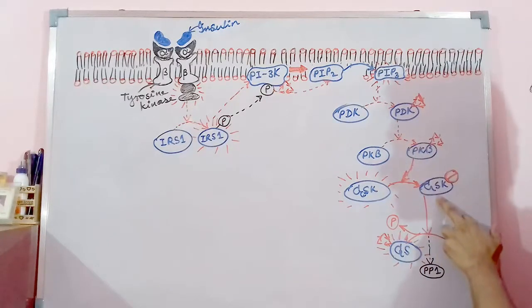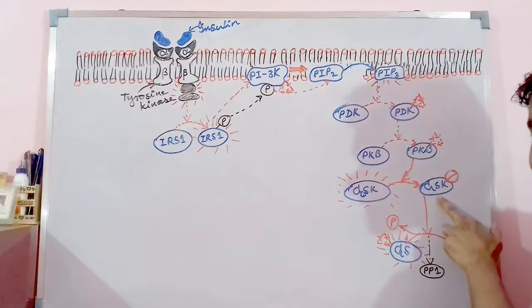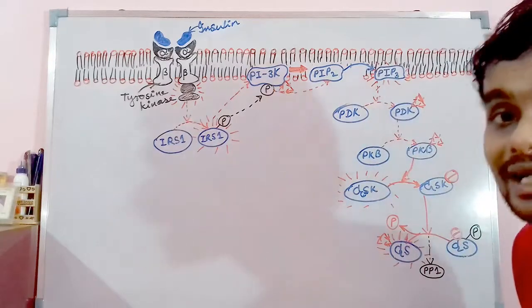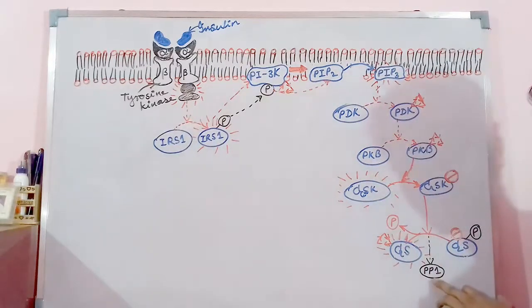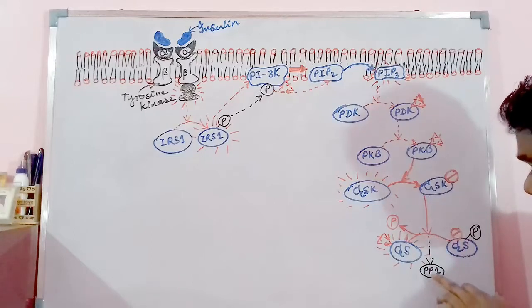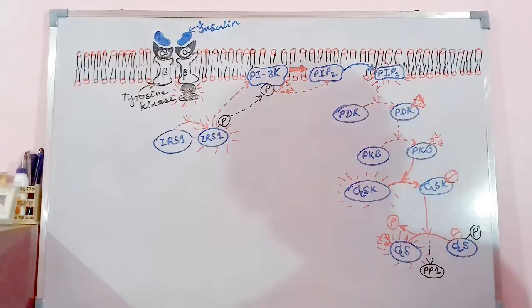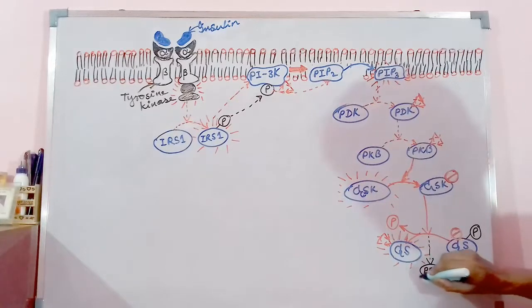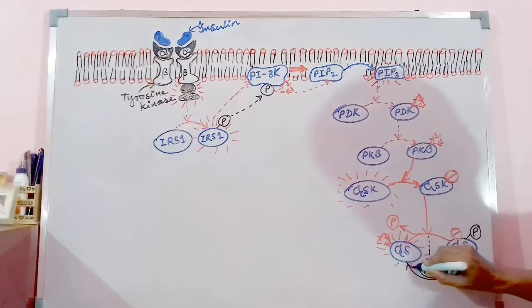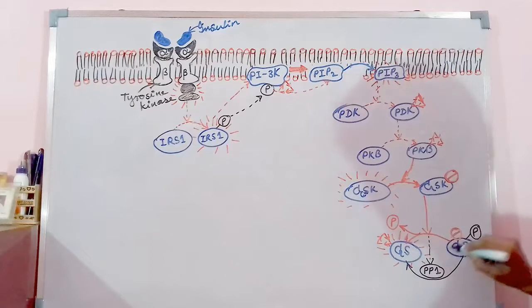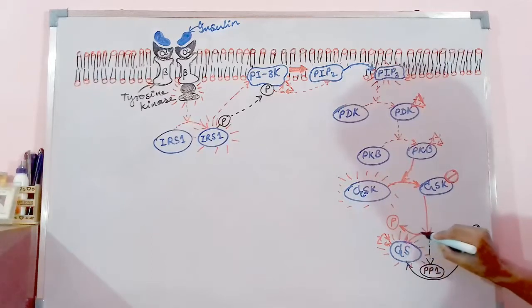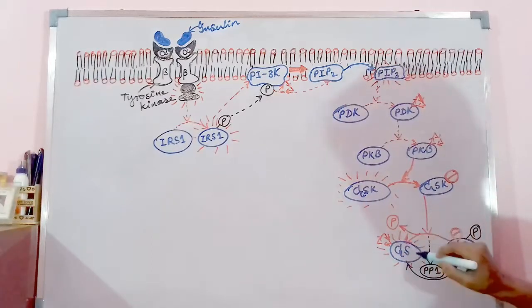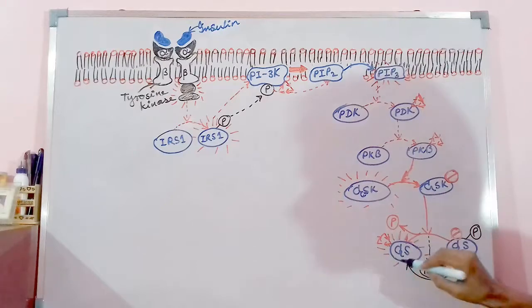and now inactive glycogen synthase kinase is triggering the activation of phosphoprotein phosphatase 1. And now this phosphoprotein phosphatase 1 helps in converting the inactive form of the glycogen synthase to the active form with the removal of the phosphate. So this is the glycogen synthase active form.